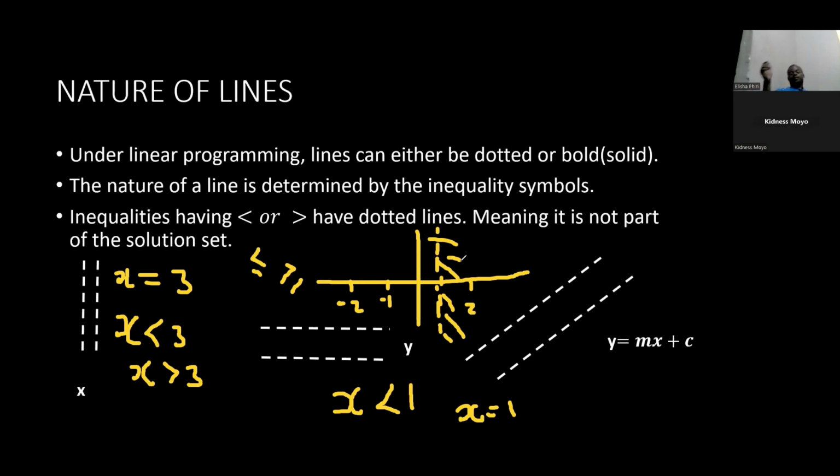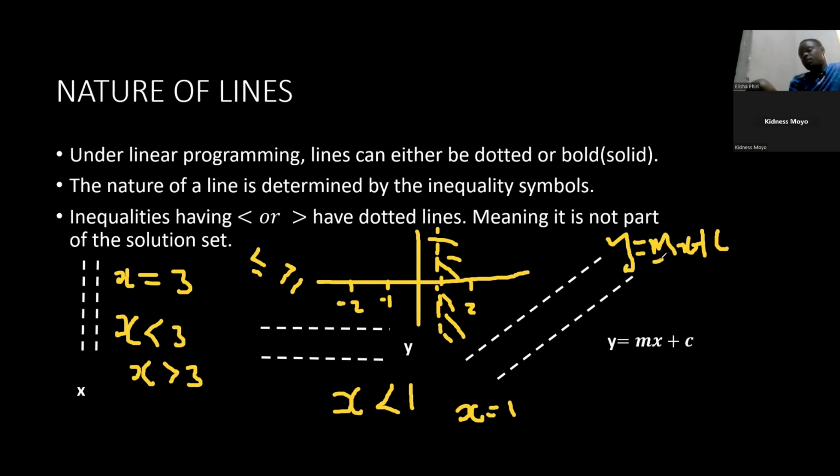All right. So we've talked about the inequality symbols less than and greater than. And then these slanted lines are actually given by the equation of a straight line, which is y is equal to mx plus c.